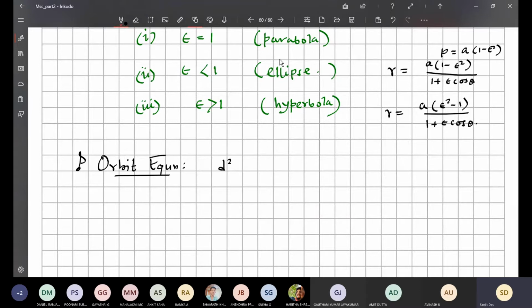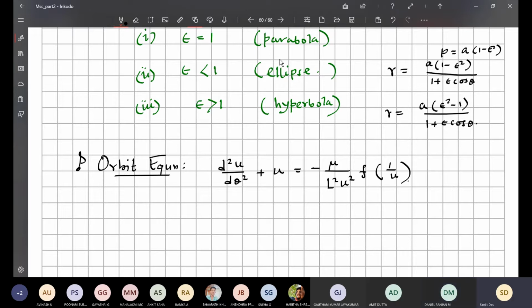Daniel, tell me, d2u by d theta square plus u is equal to, it will be a big term. Check the notes and tell me. Minus mu by L square u square, u square in the denominator, right? Yes, sir, f of 1 by u.